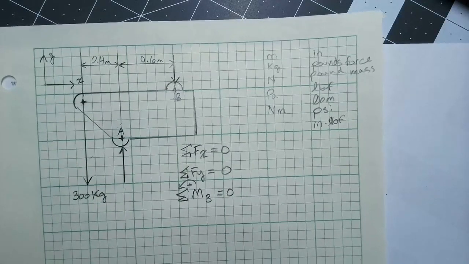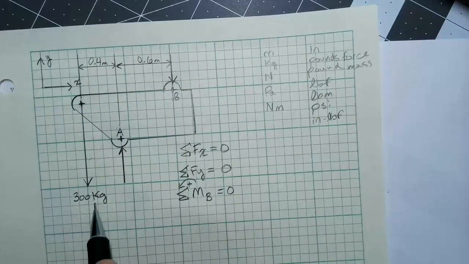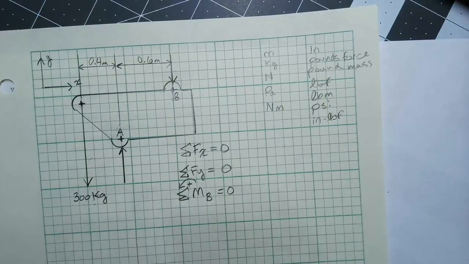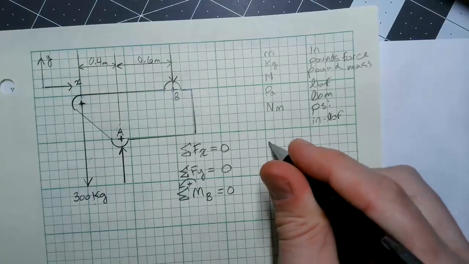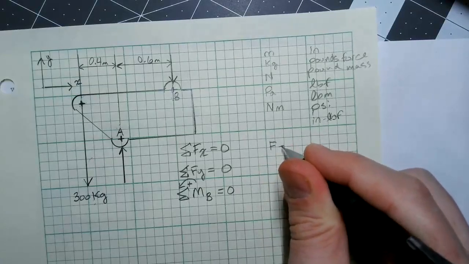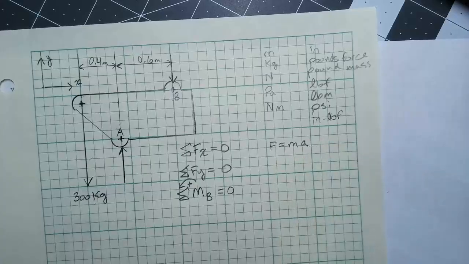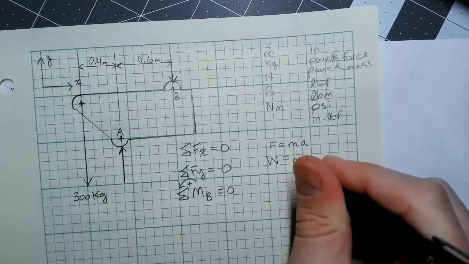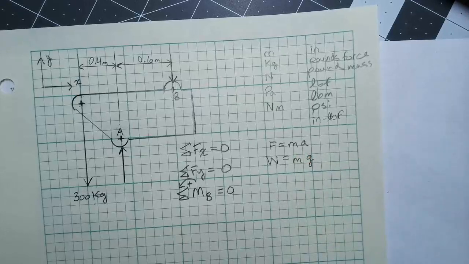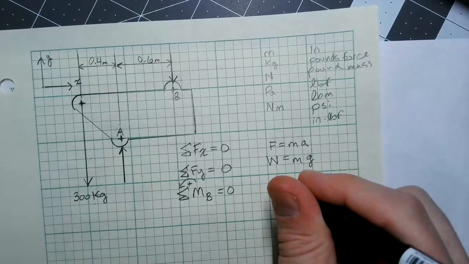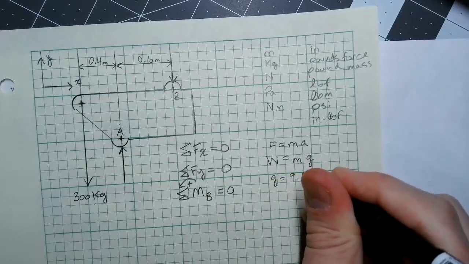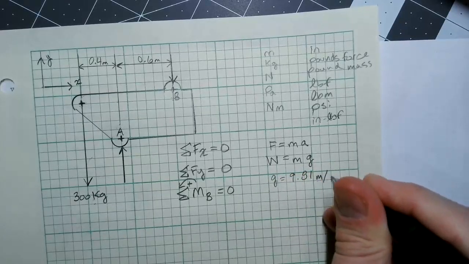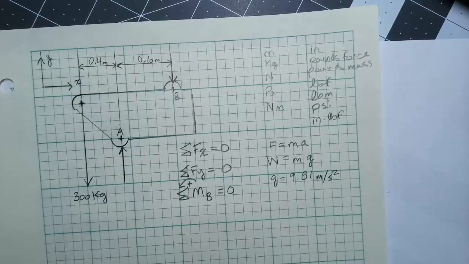We also want to take our 300 kilograms, which is the mass, and convert that into a force. If you recall, from Newton's second law, force equals mass times acceleration, which also can be converted to weight equals mass times g, where g is the gravitational acceleration constant. We say g is equal to 9.81 meters per second squared.